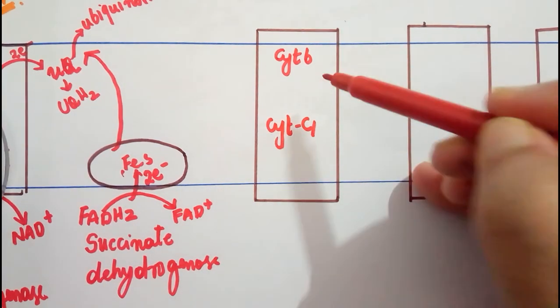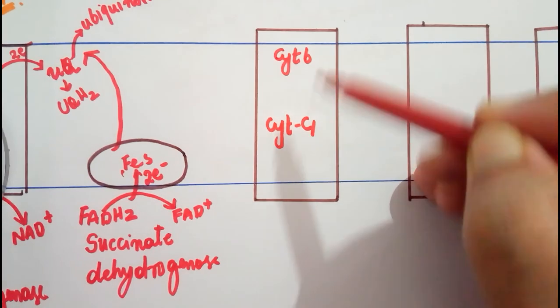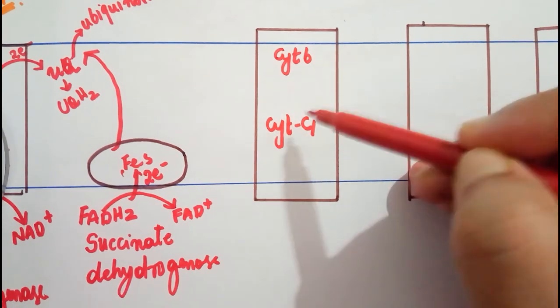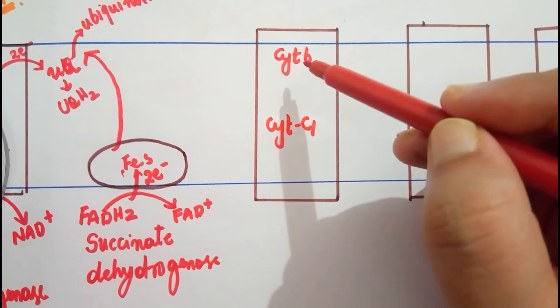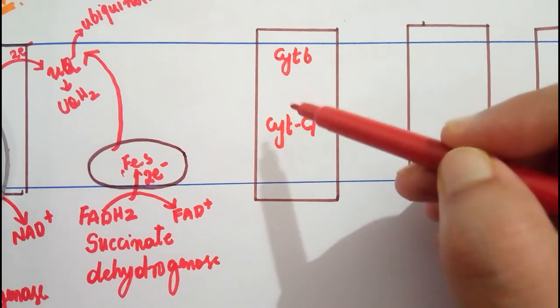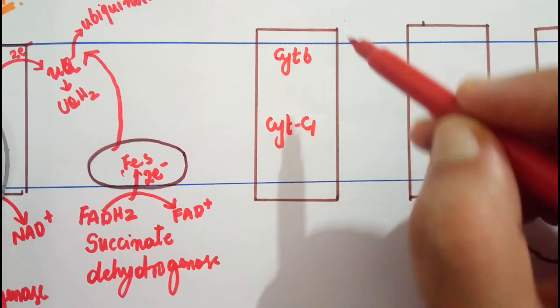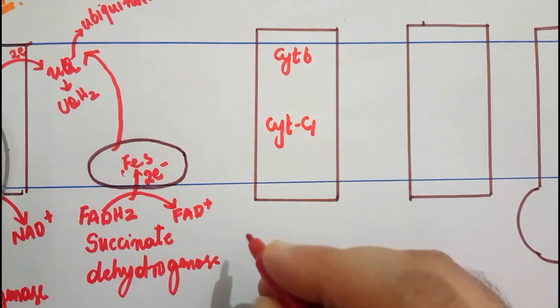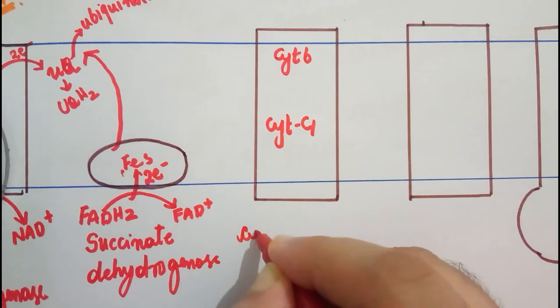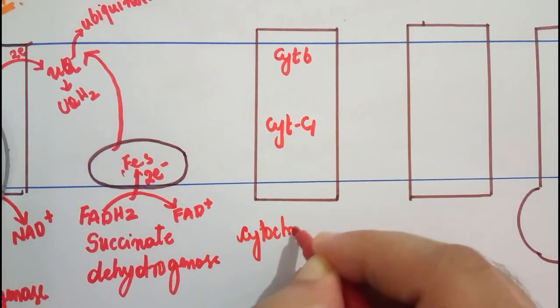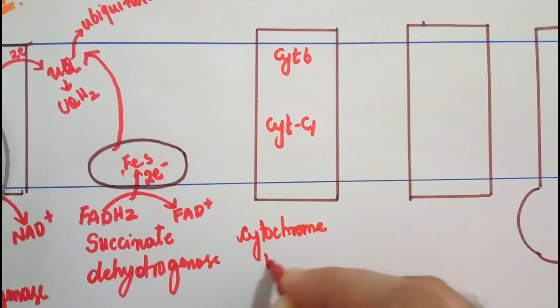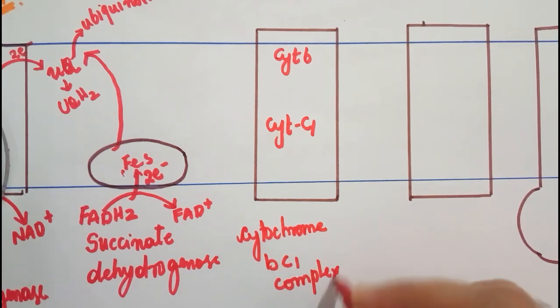It is easy to remember: C comes after B, so the order is also like that. The name of the complex is cytochrome Bc1 complex.